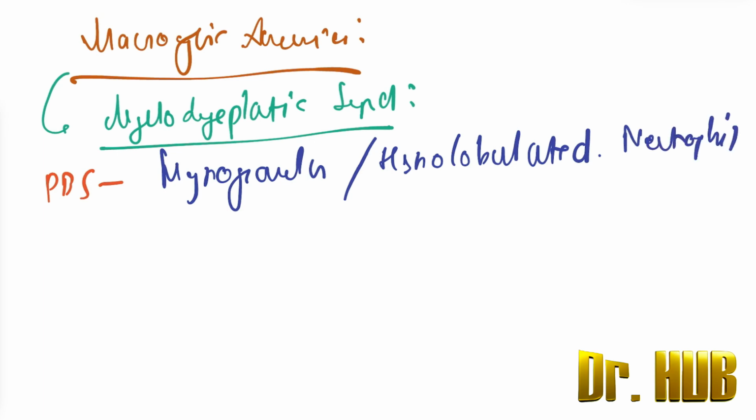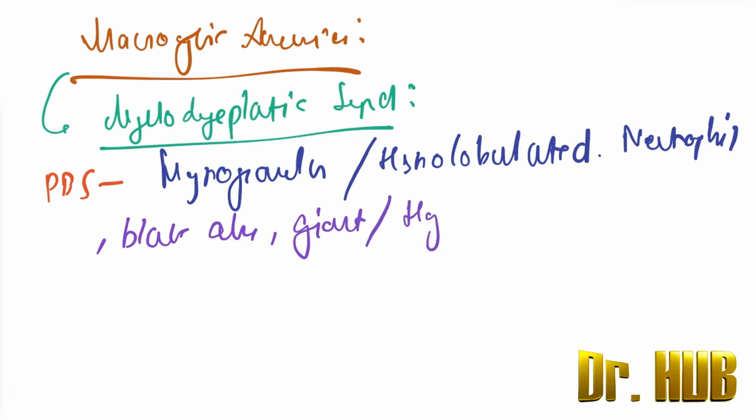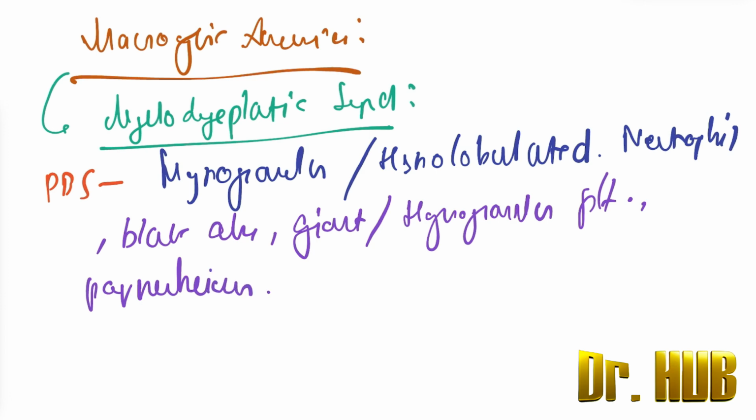There is also the presence of blast cells, giant cells or hypogranular platelets, and Pappenheimer bodies.